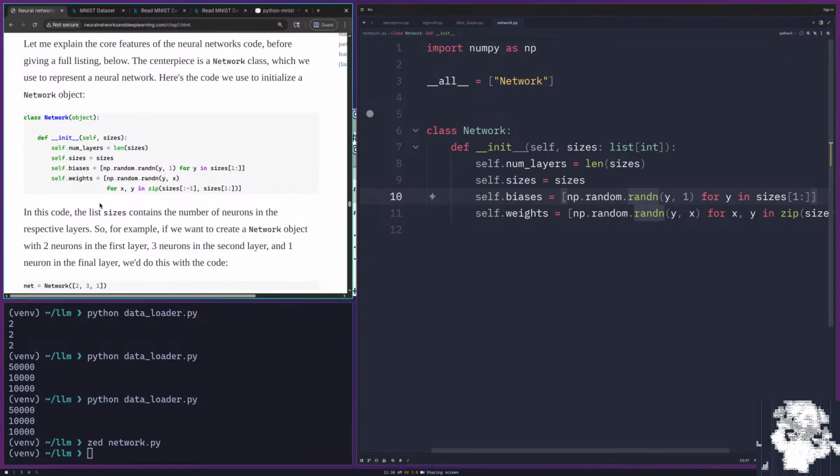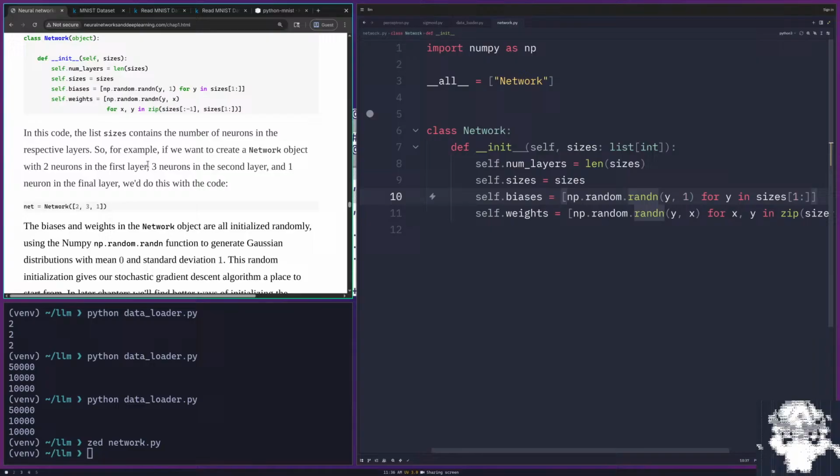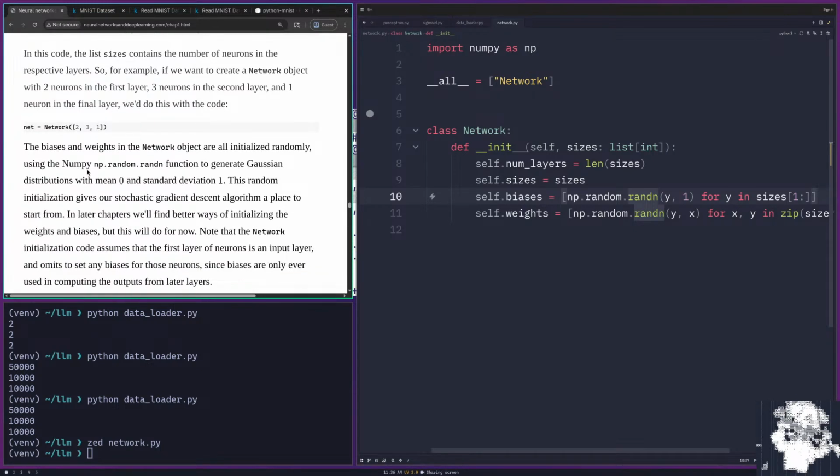In this code, the list sizes contains the number of neurons in the respective layers. So for example, if we wanted to create a network object with 2 neurons in the first layer, 3 neurons in the second layer, and 1 neuron in the final layer, we do it with this code, 2, 3, 1. The biases and weights in the network object are all initialized randomly using the NumPy np.random.randn function to generate a Gaussian distribution with mean 0 and standard deviation 1.